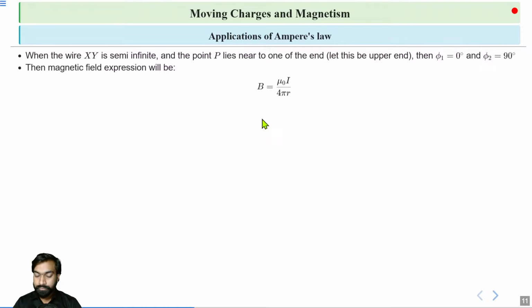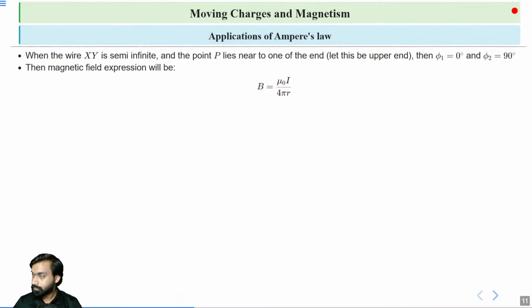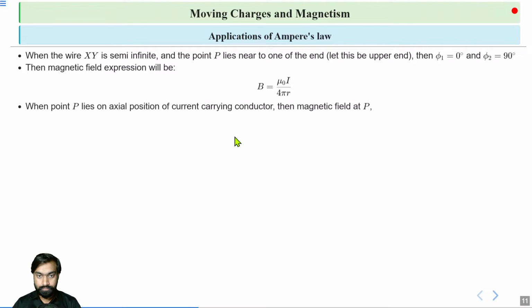Alright everyone, clear? If the point P lies exactly on the axial line of the current carrying conductor, that is directly along the line of the wire, the magnetic field at P becomes 0.